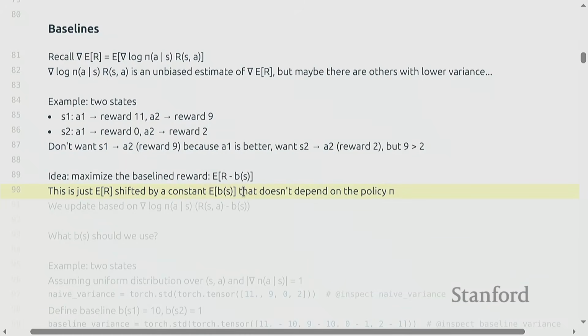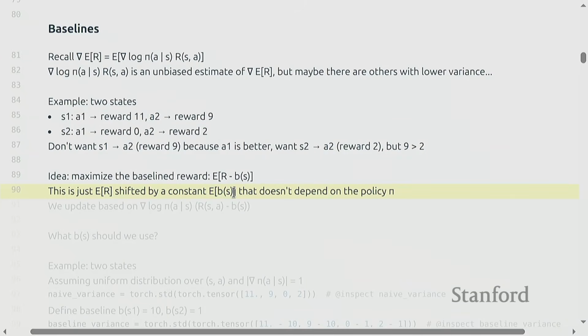Even if you expand it out, you'll have an integral over P of S times pi of A given S, but the integral over A given S is just 1. So it doesn't depend on the policy at all. And so, of course, optimizing the expectation of R is identical to optimizing the expectation of R minus this, because it's just a constant. That's the whole idea of baselining. It preserves the optimization problem.